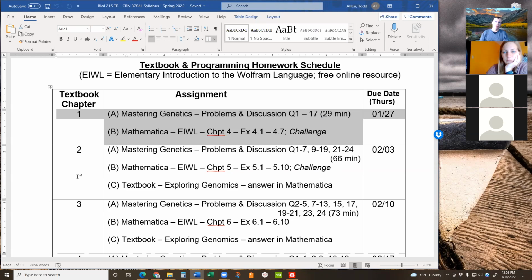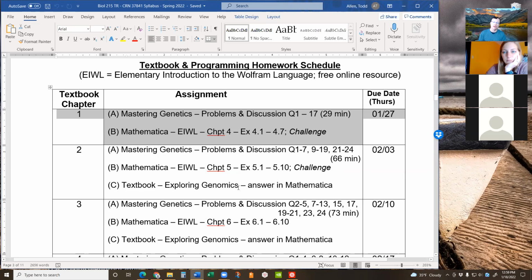So the publisher estimates the first questions, 1 through 17 of chapter 1, will take your average student about 29 minutes to do. And chapter 2 will take about 66 minutes, and chapter 3 about 73 minutes. Again, it's an estimation of the time it might take.